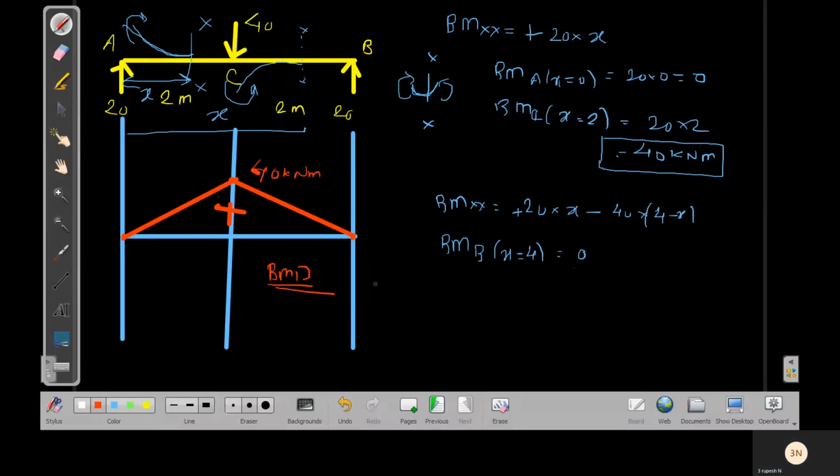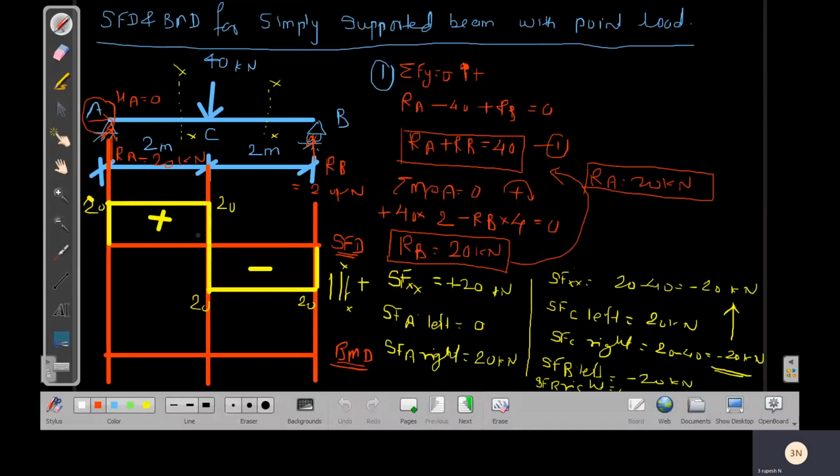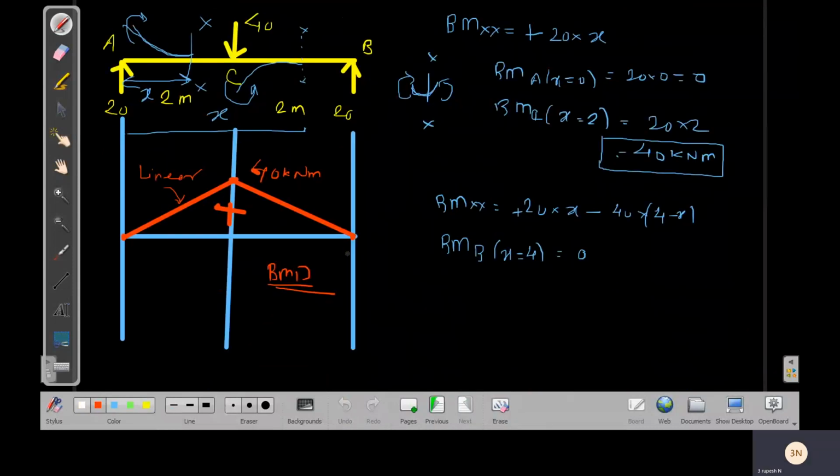Okay, like this way we calculate the SFD and BMD. So this degree is one higher degree. Okay, this is a linear behavior, and in the previous one, this is a rectangular behavior. Okay, this is your rectangle. Okay, when there is a point load, the behavior of the SFD is rectangle, and the BMD is 1 degree higher. That is nothing but your triangle.